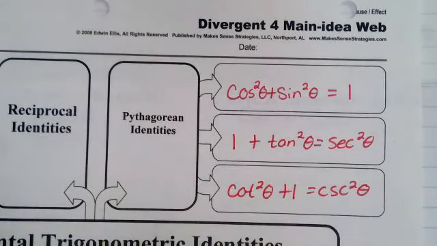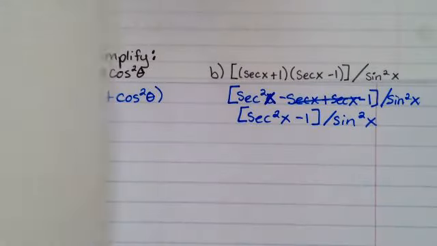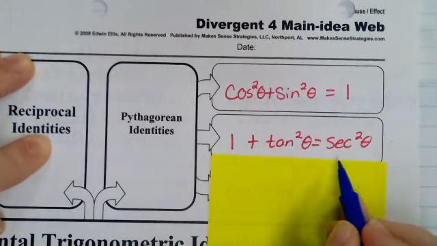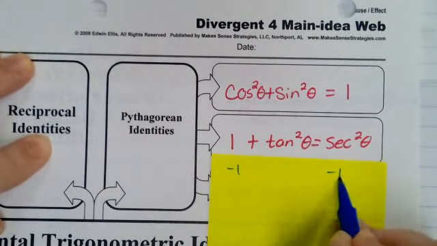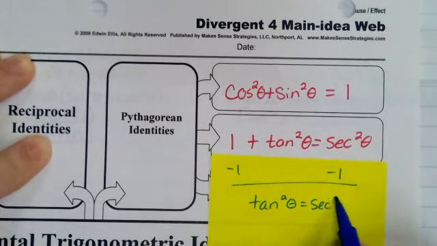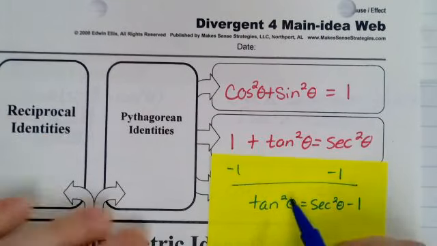But I want you to think about how we could manipulate this and use it to our advantage. If I want this to be secant squared minus 1, I could subtract 1 on both sides. That would leave you with tangent squared theta equals secant squared theta minus 1.